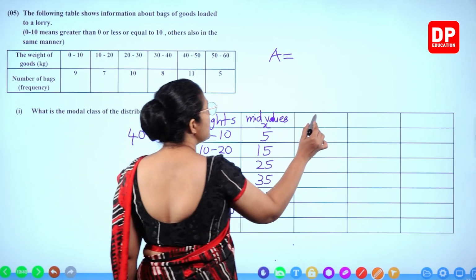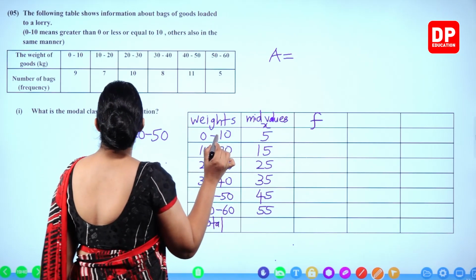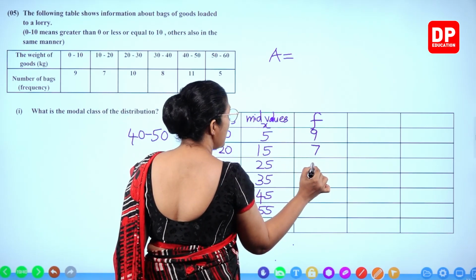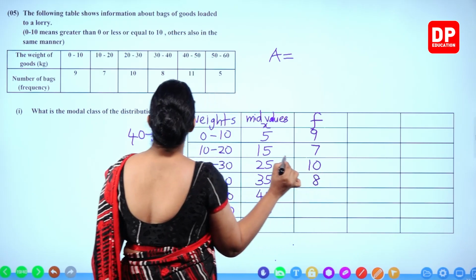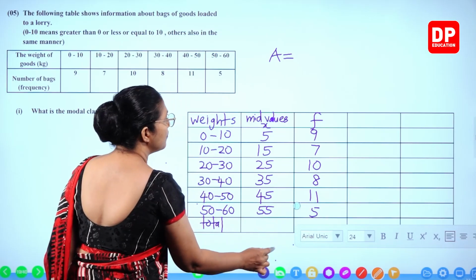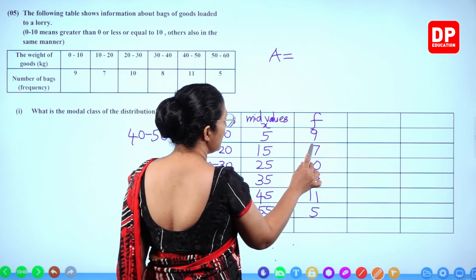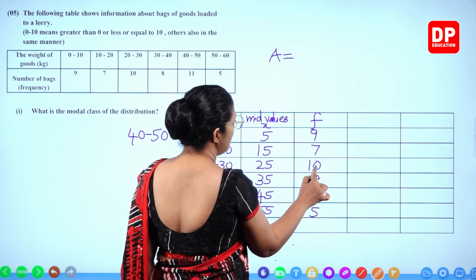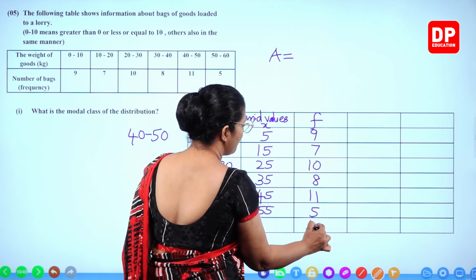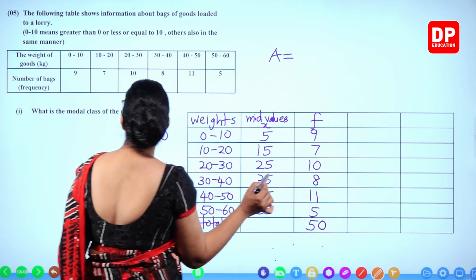And then frequencies: 9, 7, 10, 8, 11, 5. So the total frequency: 20, 30, 35, 40, 50. 50 is the total frequency.